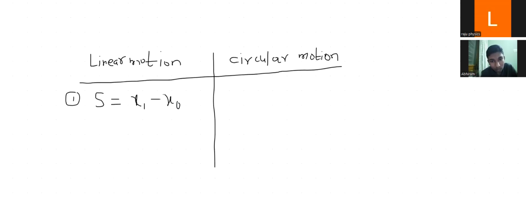So what is circular motion? We represent distance or displacement as theta. Here also it is the final point minus the initial point.